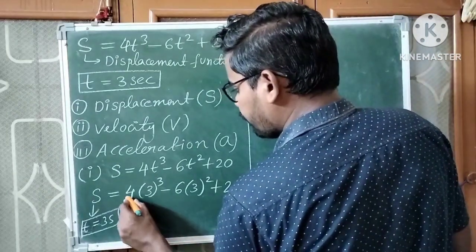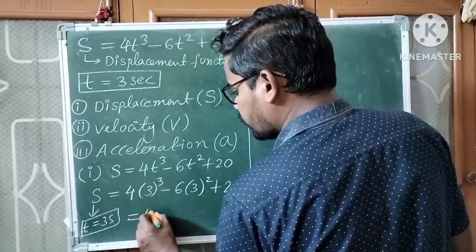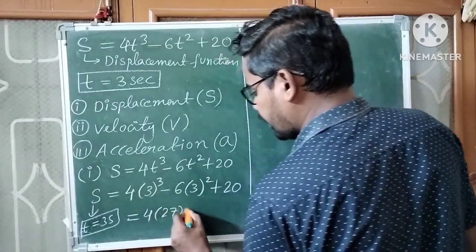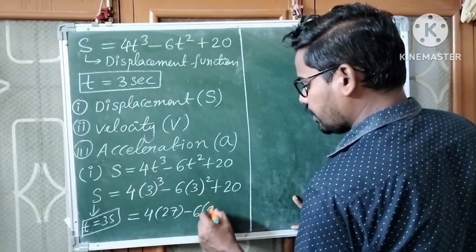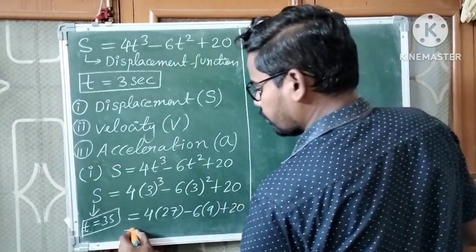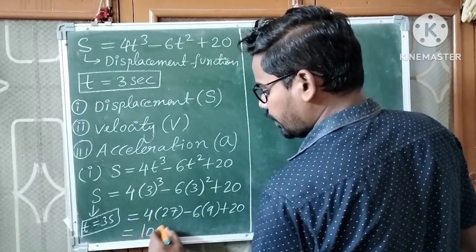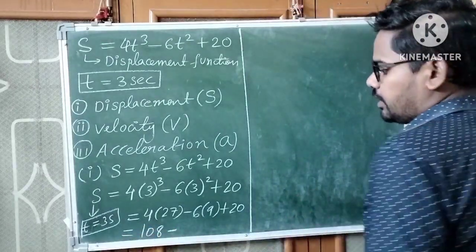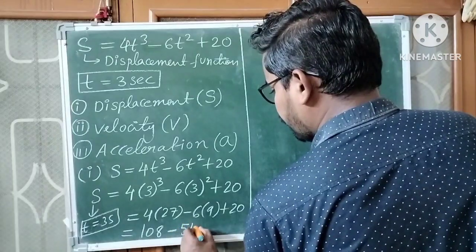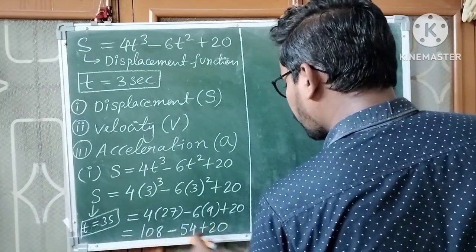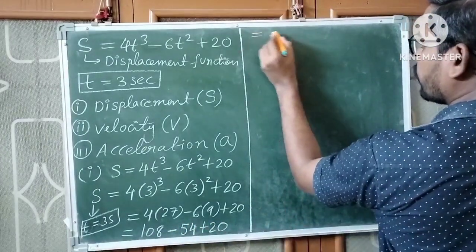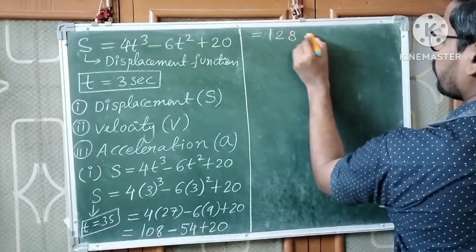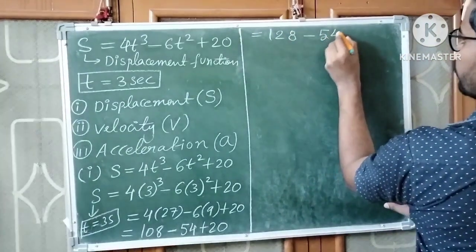So 4 into 3 cubed. 3 cubed means 27. 4 into 27 minus 6 into 3 squared, 9, plus 20. 4 27s are 108, minus 6 9s are 54, plus 20. 108 plus 20 is 128, minus 54.